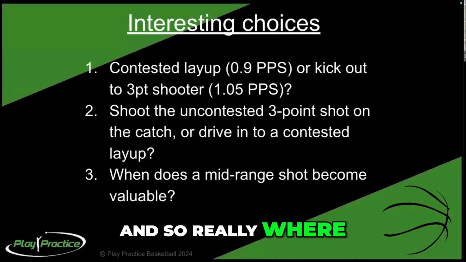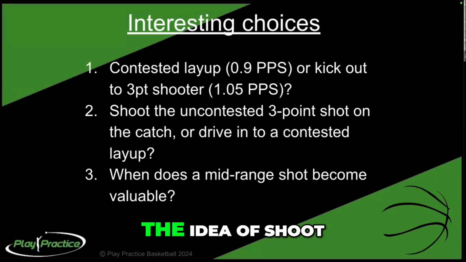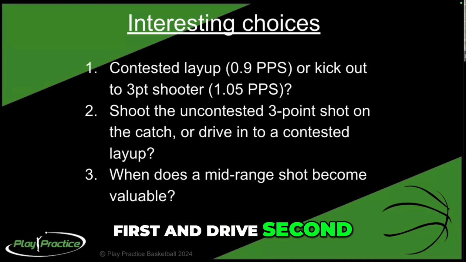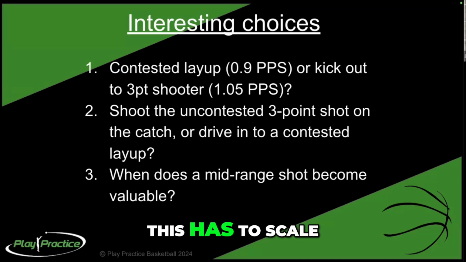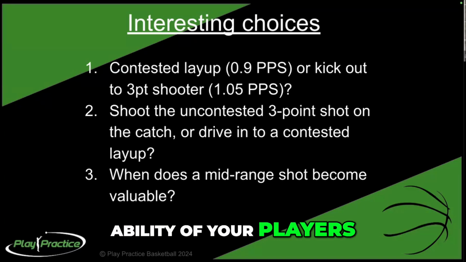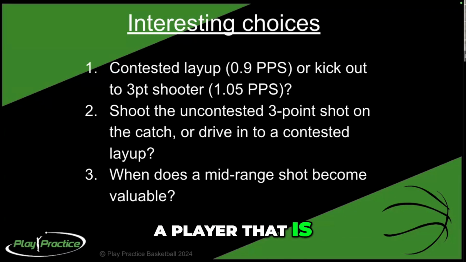Where I've arrived at is what we talked about in week 1 a little bit, the idea of shoot first and drive second, just simplifying our decision making. This has to scale with the skill level and the size and ability of your players, and even individual players, because it might be a player that is not capable of making a 3-point shot. So we've got to adjust this to meet where his capability is.